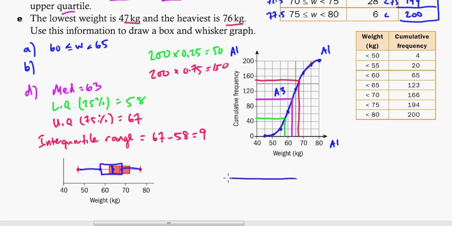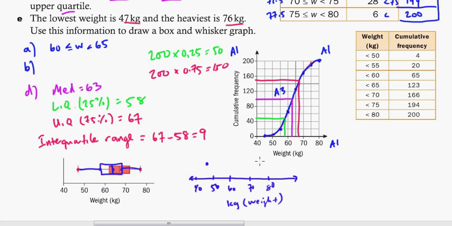Let me just show you, make it again just so you can see. If you're going to go 40, 50, 60, 70, 80, and always remember what you're doing here. It's kilograms, it's weight. Okay, so again, 47 would be right here, roughly.